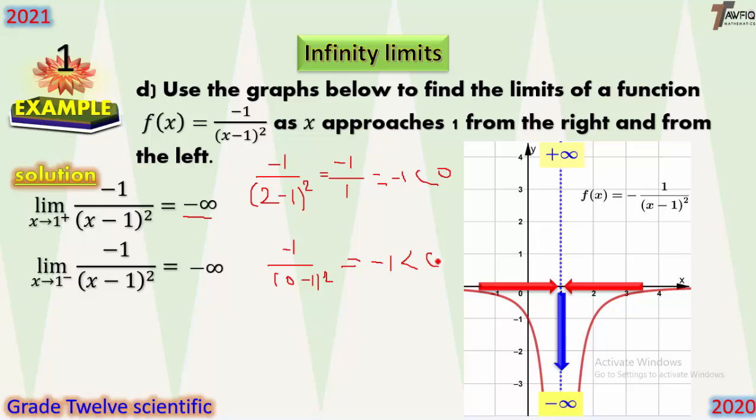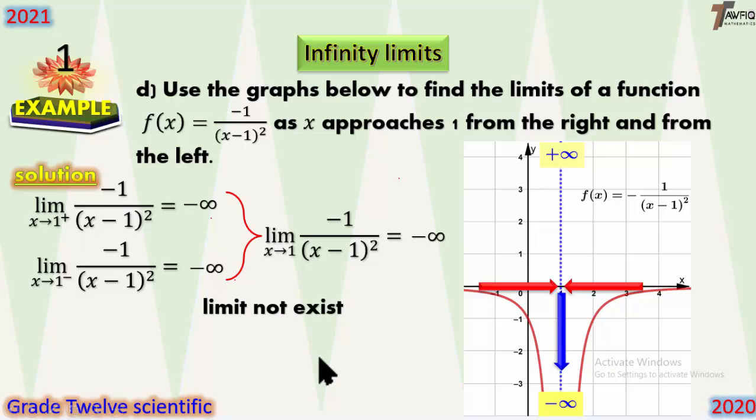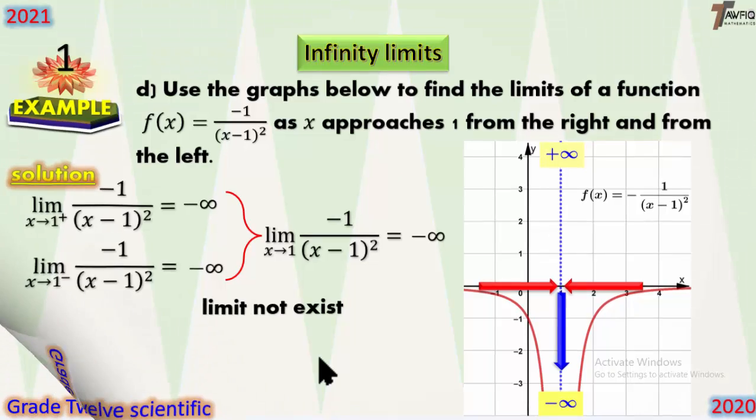It's less than 0. That means it goes to negative infinity. We can say the limit is negative infinity, but still the limit does not exist.